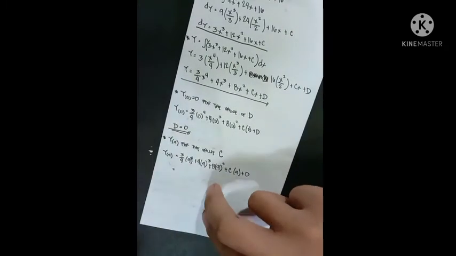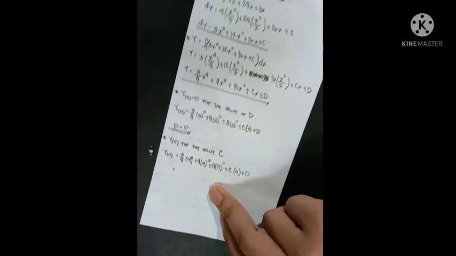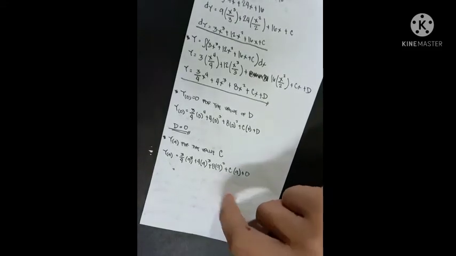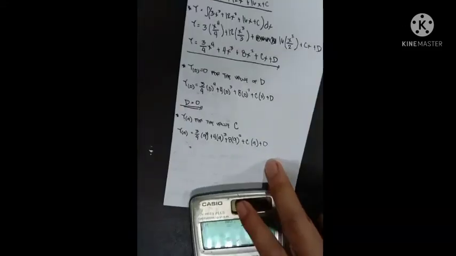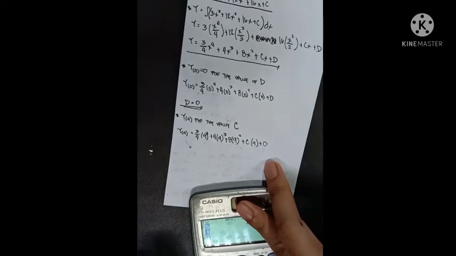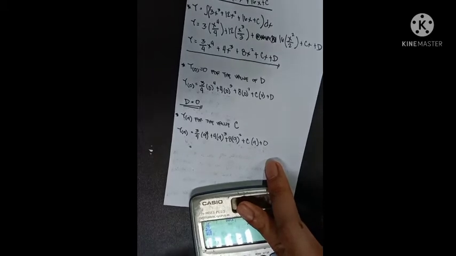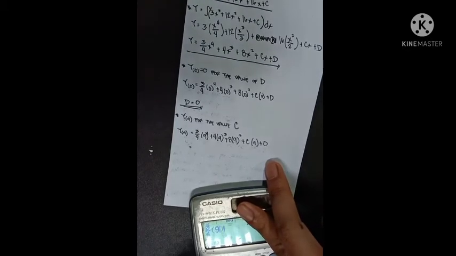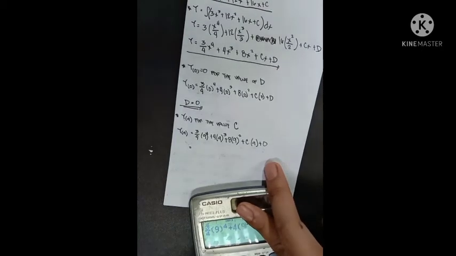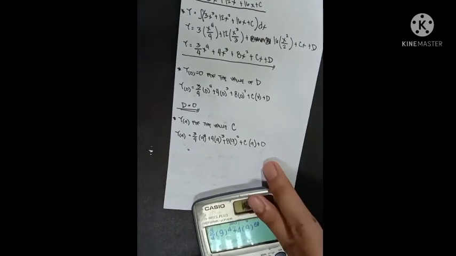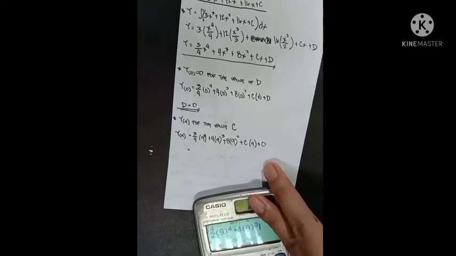So three-fourths times 9 raised to 4, plus 4 times 9 raised to 3, plus 8 times 9 squared.